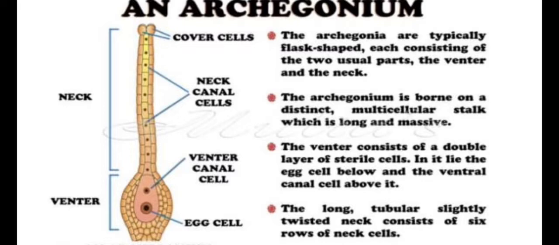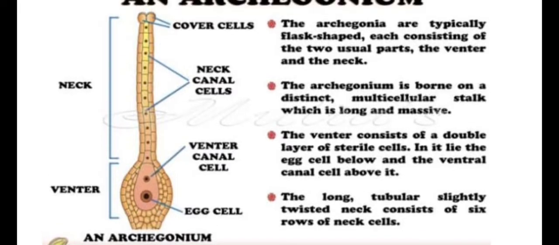In it, the egg cell is below and the ventral canal cell above it. The long, tubular, slightly twisted neck consists of 6 rows of neck cells. So students, here is the mature archegonium and it is divided into two parts, venter and neck. The venter has the egg and venter canal cell, while the neck consists of cover cells and neck canal cells.